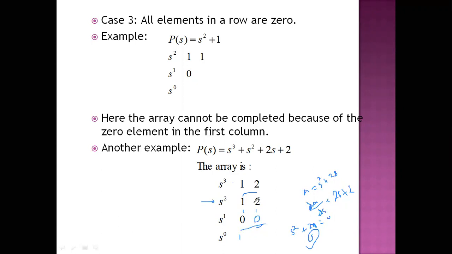So the auxiliary equation is s square plus 2. Differentiating A with respect to s, you will get 2s only. Here you will get 2, this is 2, this is 0. So 2 into 2, 4 minus 1, and we'll get this is 0.